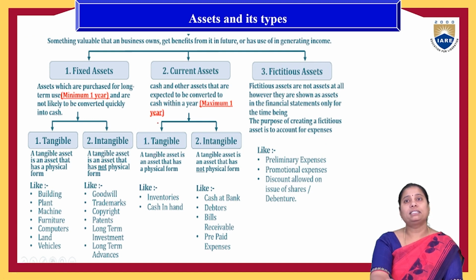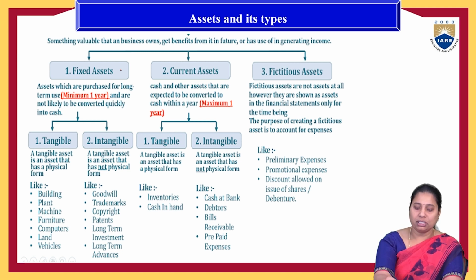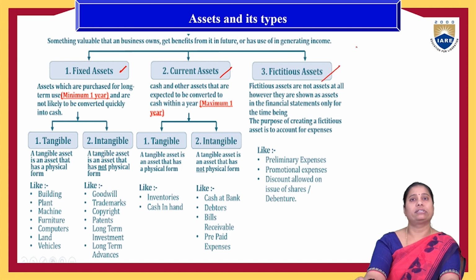Then assets and its types, we'll have the discussion. Anything which creates benefit to the organization is called an asset. These assets are categorized as fixed assets, current assets and fictitious assets.